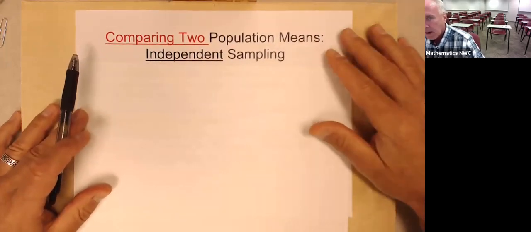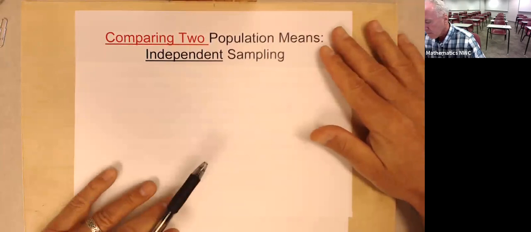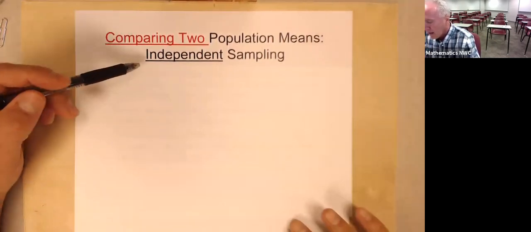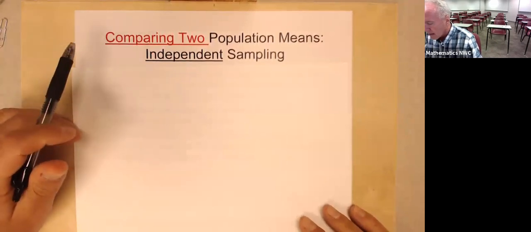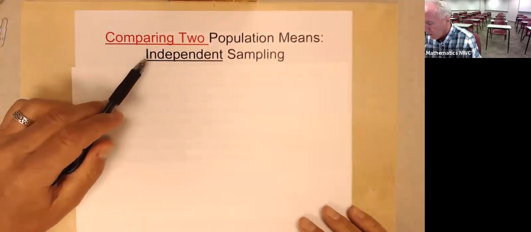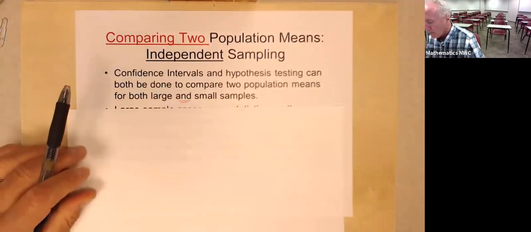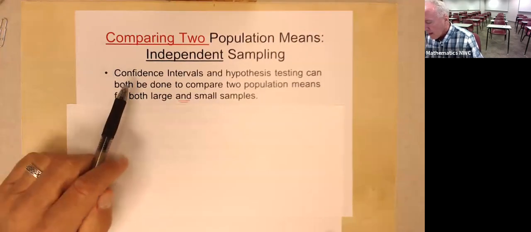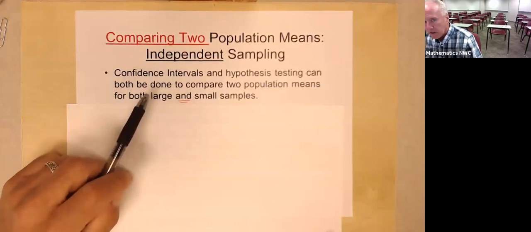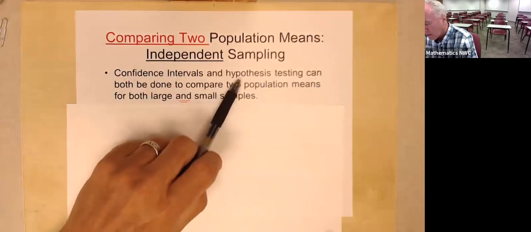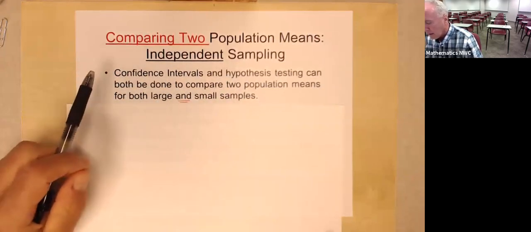So when I'm comparing two populations, obviously I have to have independent samples. I don't intentionally match up any type of samples. I'm taking random samples that are independent. We can find confidence intervals between two populations, and we can also run hypothesis testing between two populations.